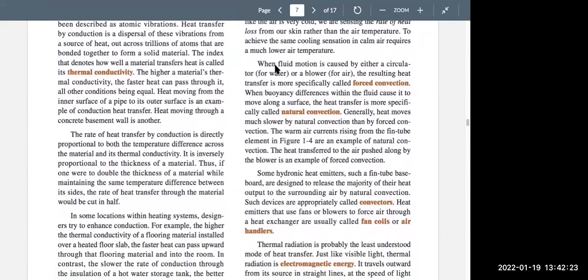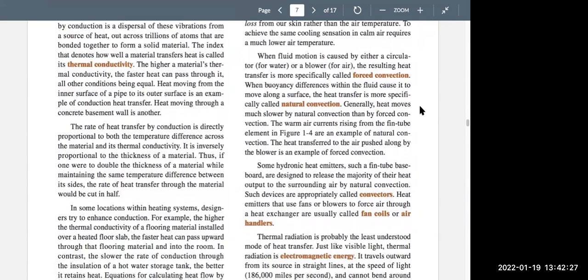So when we get into heat transfer of systems, we're talking about 2 different types. We're talking about forced convection, which would be if we had a fan blowing air or circulating water through a system. And we have natural convection.